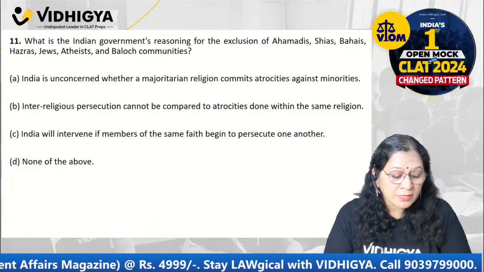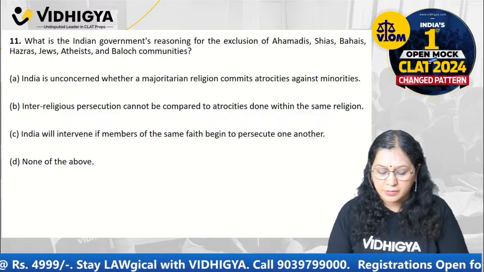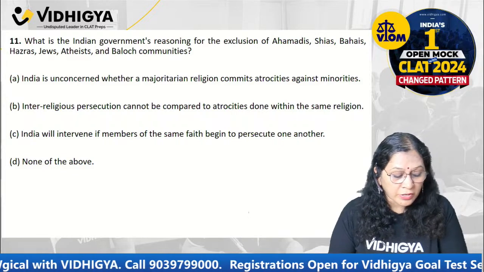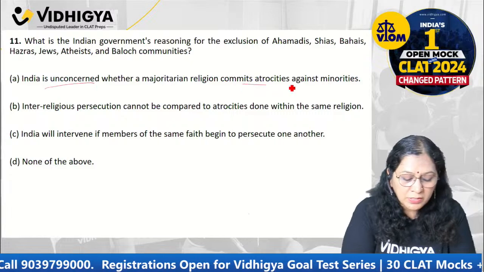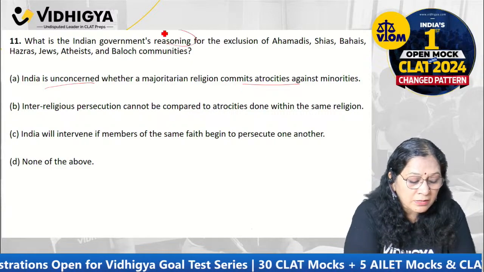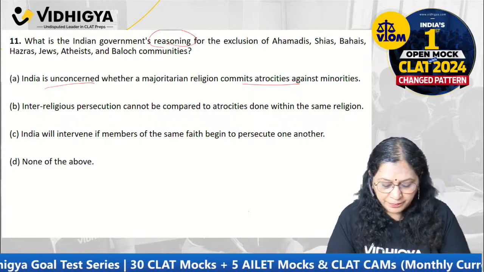Now, what is the Indian government's reasoning for the exclusion of all these people, all these communities? Reason: India is unconcerned whether majoritarian religion commits atrocities. Unconcerned about atrocities? अभी हमने इतना नहीं पढ़ा था कुछ. रीजन चाहिए हमें, उसका रीजनिंग चाहिए कि इन लोगों को एक्सक्लूड क्यों किया गया है. Okay?